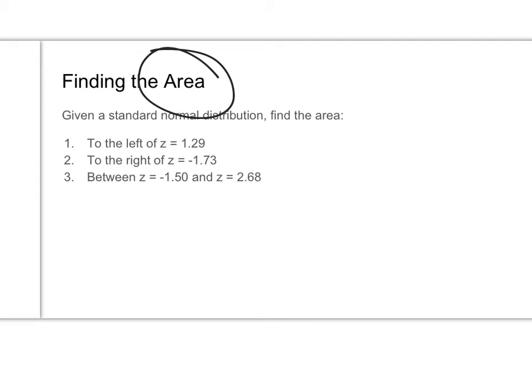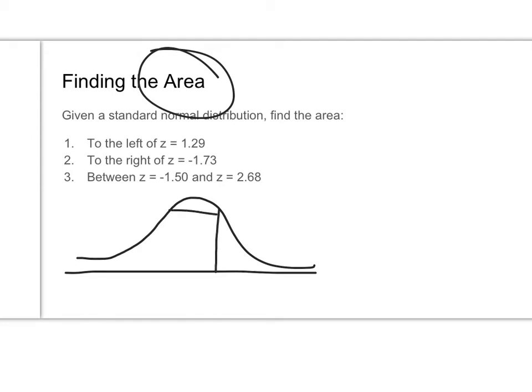Okay? So for a continuous probability distribution, in this case the normal distribution, whenever we want to get a probability, we have to find the area bounded by the graph from the left to a certain point or to a certain value z.